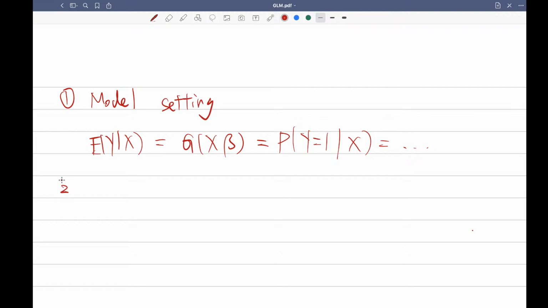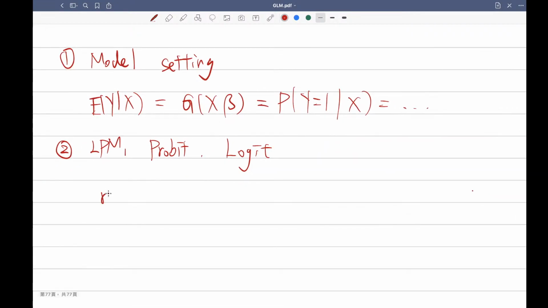Second, you should use the robust standard error, know the meaning of beta j, and know how to predict.